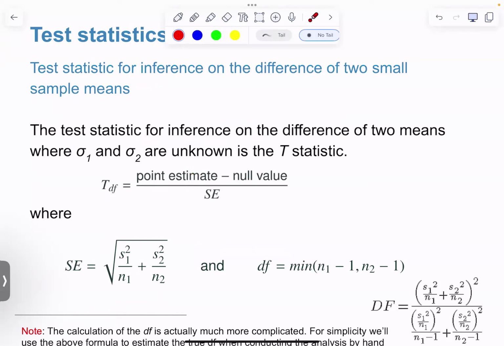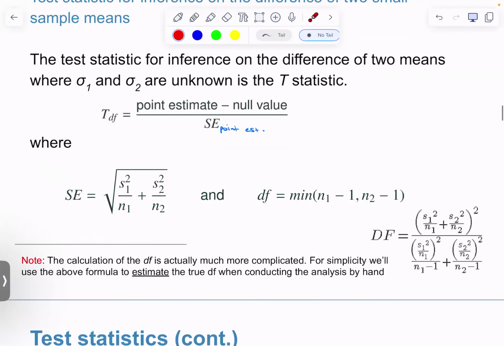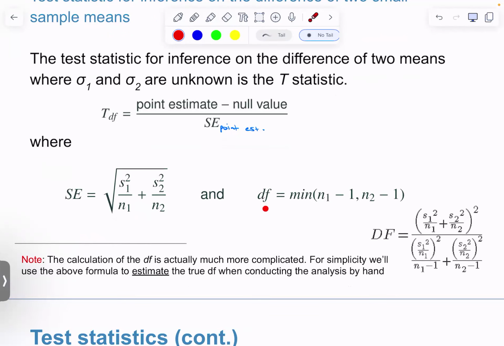You have your point estimate minus your null value divided by the standard error, and I'll put a little subscript here of the point estimate. Now, the standard error of the point estimate is s1 squared over n1 plus s2 squared over n2. We've already seen that because we've talked about the formula sheet already, right? And so they're just introducing it. And we're going to use the degrees of freedom as the minimum of n1 minus 1 and n2 minus 1, right? The smaller sample size minus 1.